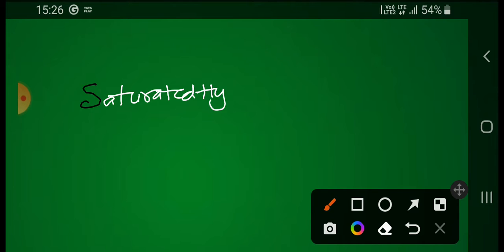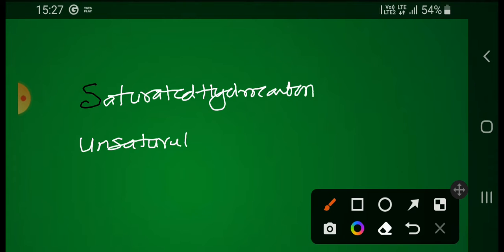saturated hydrocarbon. The first category is saturated hydrocarbon, and the second one is known as unsaturated hydrocarbon.